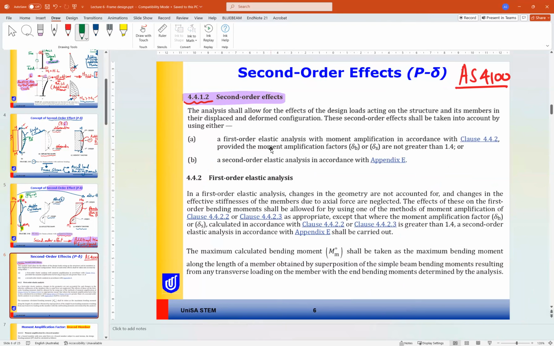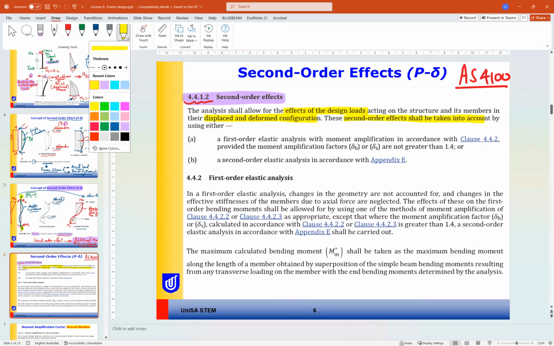The standard asks to allow for the effects of the design loads acting on the structure due to their deformed configuration. So to take the second order effect into account, we need to follow one of the two methods here.